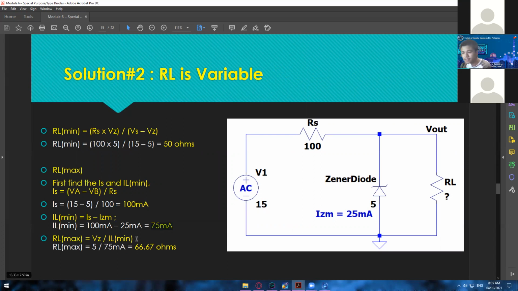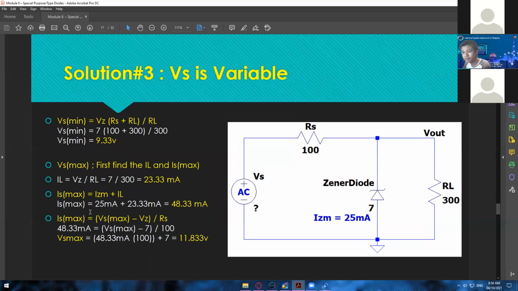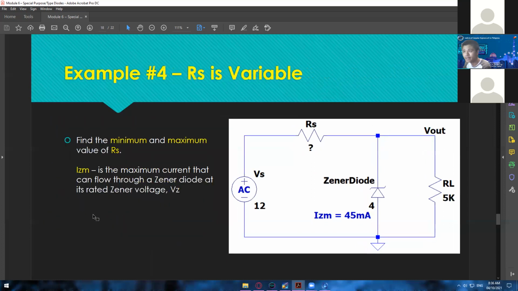And then in here we have the formula of RL. This one came from IL is equal to VZ divided by RL, or just the formula of resistance, Ohm's law itself: R is equal to V divided by I, voltage divided by the current.